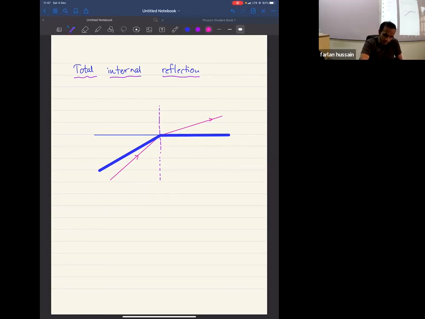And if you increase the angle of incidence further, then what will happen? It will reflect back into the original medium. What do you call that? Total internal reflection. Okay. So once again, guys, this also happens only when the light is traveling from denser medium to less denser medium. It will not happen from less denser medium to denser medium. So when the angle of incidence is more than the critical angle, the light will reflect back into the original medium, and this is known as total internal reflection.